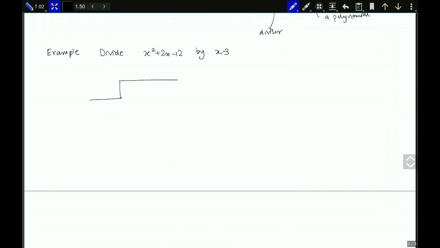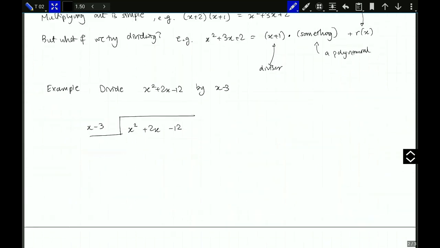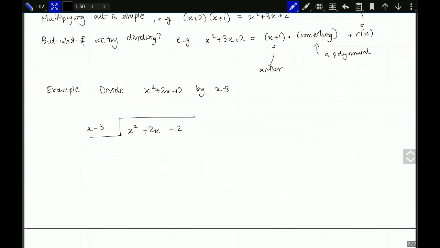The method: we write the big one we're going to divide, and the divisor is x minus 3, and we're going to try to find this something which multiplies with this to give this up to some remainder. So I need to multiply x by x minus 3 to give me this top degree term. And I'm going to subtract that off, because I'm going to try and chop down this big polynomial into a bunch of smaller ones that multiply on with x minus 3.